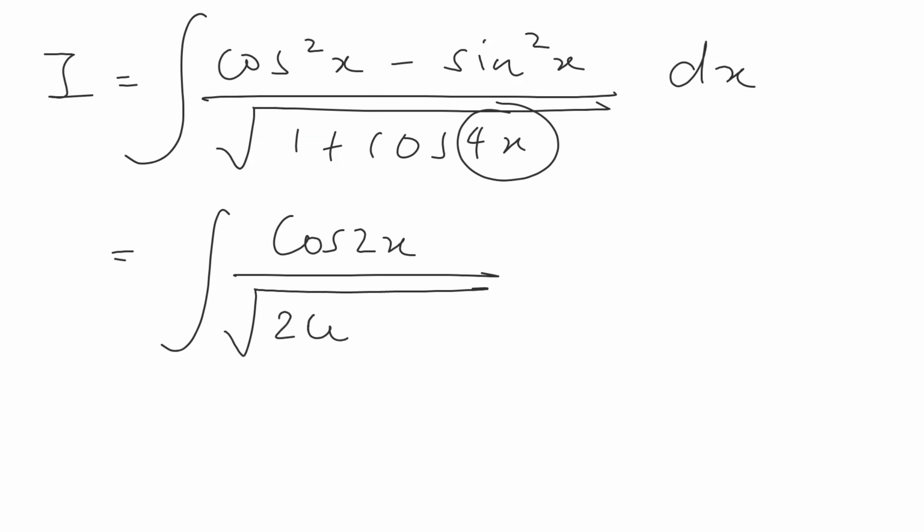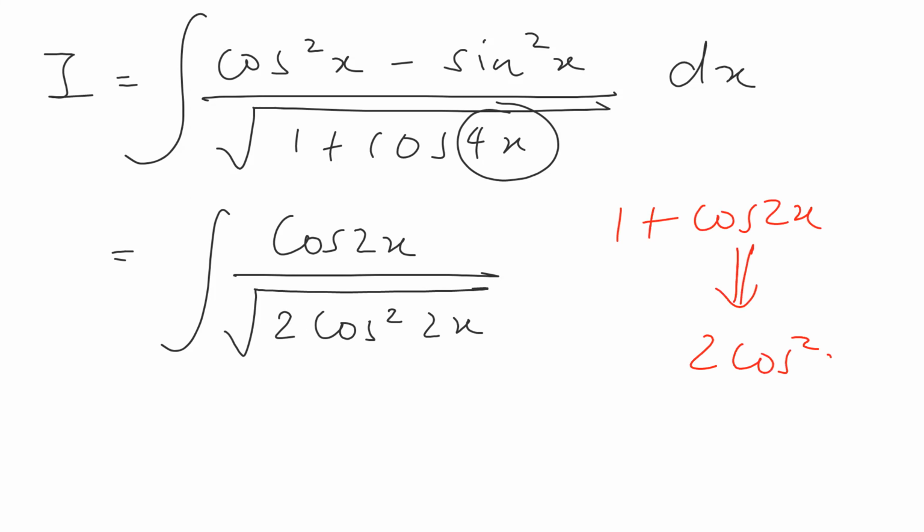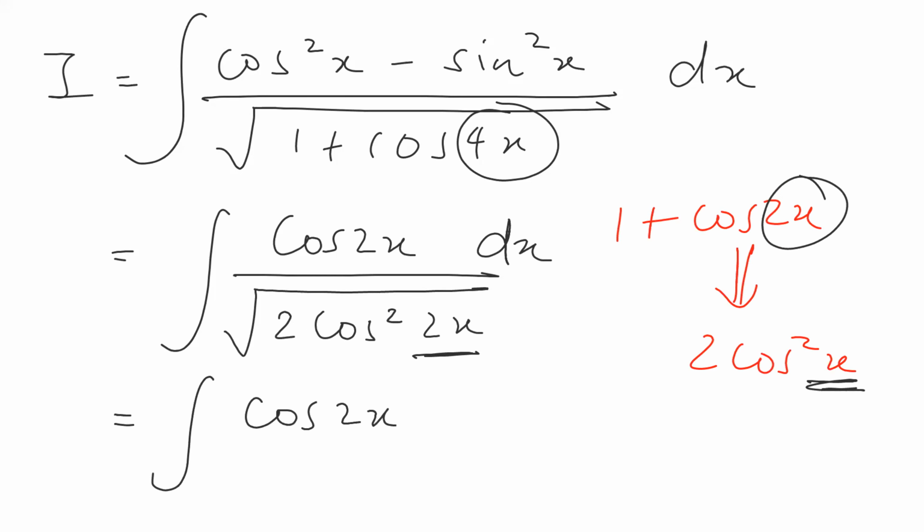So it will be 2 cos square 2x. See, for 1 plus cos 2x, the half angle is 2 cos square x. So 1 plus cos 4x, if this becomes 4x, this has to become 2x. Now split the root in the denominator because there is a multiplication sign between 2 and cos square.